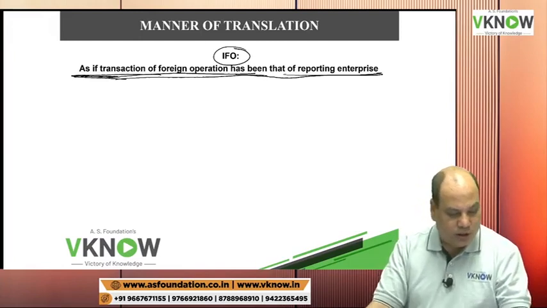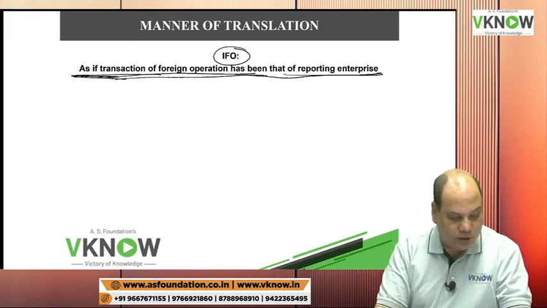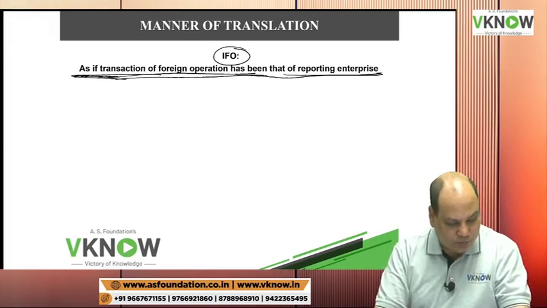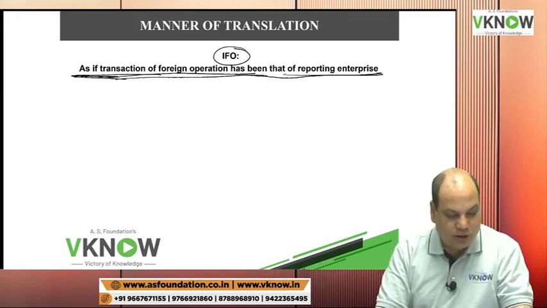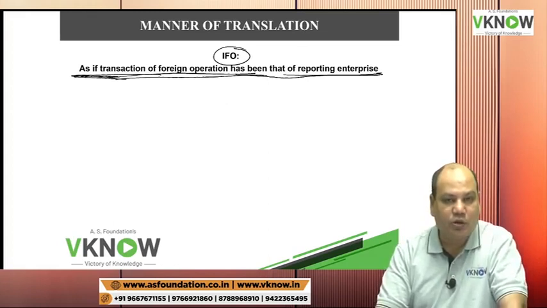So you see there is a table which says: cost and depreciation of tangible fixed assets, date of purchase; assets which are carried at fair value, date on which fair value is determined; cost of inventory, date on which such costs were incurred; assets that are shown at realizable value or recoverable amount, date on which such value was determined; contingent liability, closing rate; and resulting exchange difference recognized in the statement of profit or loss.